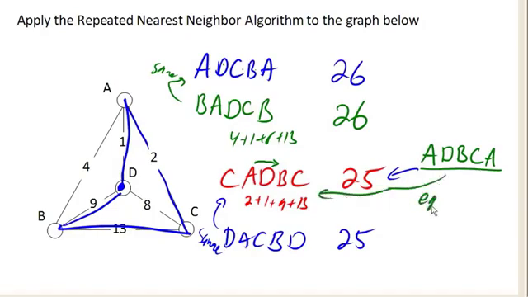It's just written with a different starting point. And so there is our answer for the circuit generated by the repeated nearest neighbor algorithm, which, if you remember back, is still not the optimal circuit, but it's certainly better than just doing the nearest neighbor algorithm once gave us.